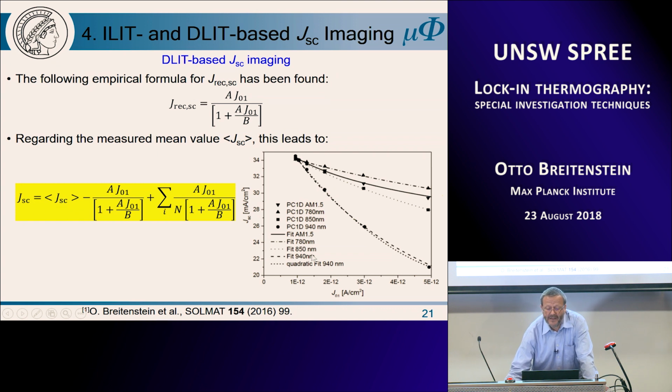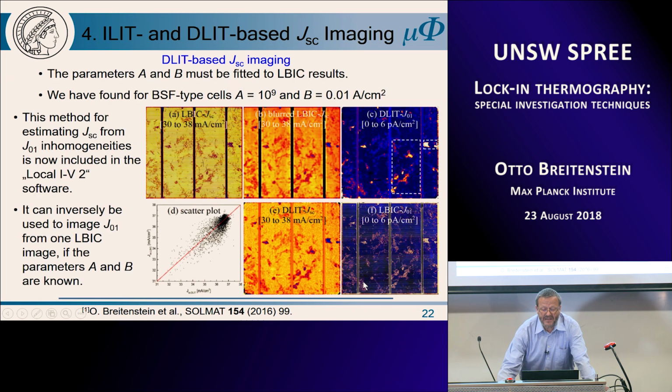So, and here we see such a typical result here. JSC as a function of J01. And if we apply this to a standard technology solar cell, we come to this. That's LBIC JSC. And if we artificially blur this LBIC JSC, we come to this image here.